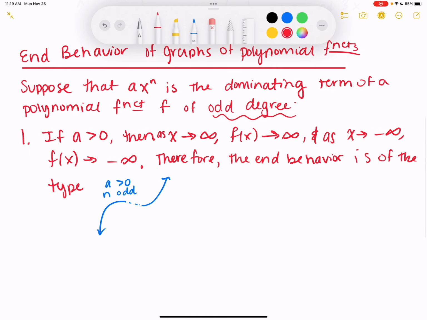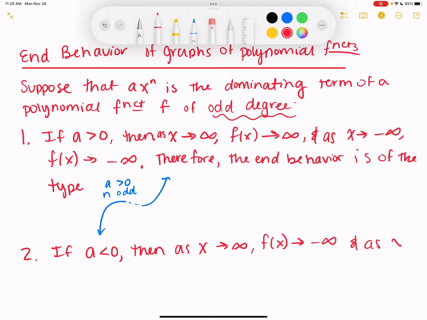So then the other option is if a is less than 0, then as x approaches infinity, f of x goes to negative infinity, and as x goes to negative infinity, f of x goes to positive infinity.